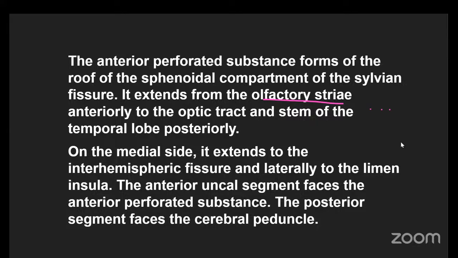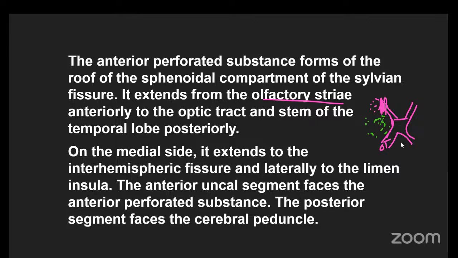So there are the olfactory striae here and then it goes back. These are the optic nerves somewhere here. They make the optic chiasm. And now this is the optic tract. Here we have the olfactory striae and the olfactory bulb. So this entire region, let me change the color so that it's clearer. This portion is going to be the anterior perforated substance.